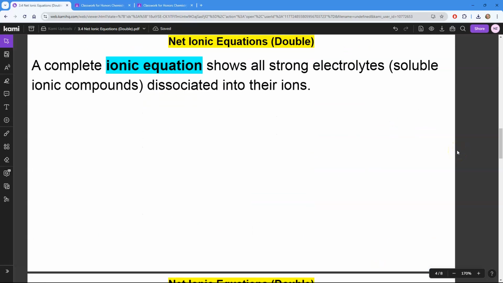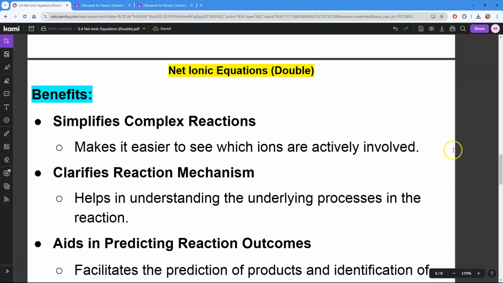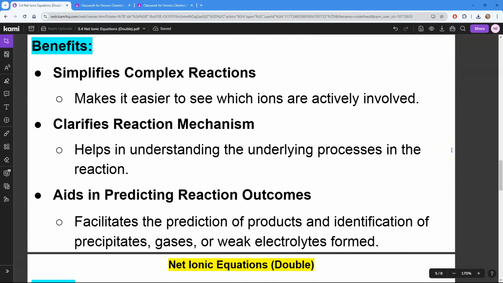Okay, so a complete net ionic equation shows all of the strong electrolytes, which are soluble ionic compounds, dissociated into their ions. So why are we doing this? Well, an ionic reaction, the way we write it out, will simplify complex reactions.